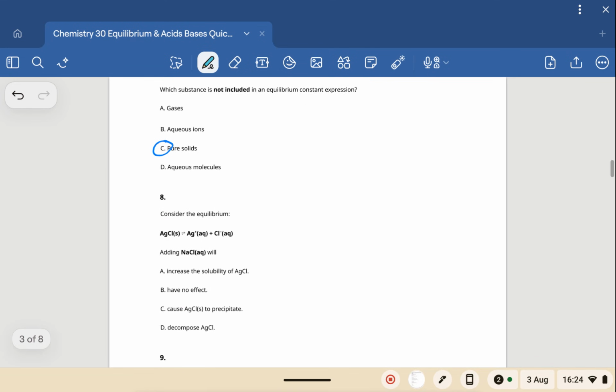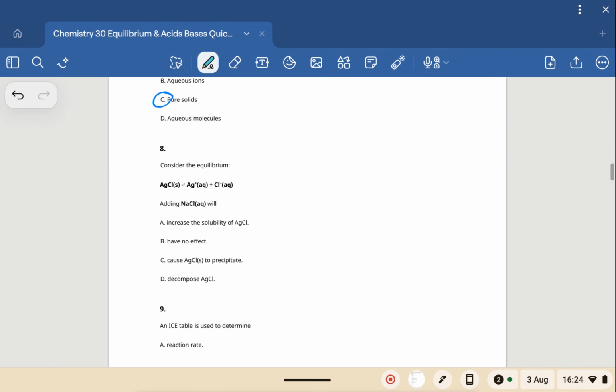Number 8, we have our equilibrium expression. We're adding NaCl(aq), which means you're adding the Na+ ion and the Cl- ion to the system. So we're directly, in this case, adding in chloride. So if you add in, you shift away. That means you're going to shift to the left. In terms of this question, though, it's not asking about the shift.